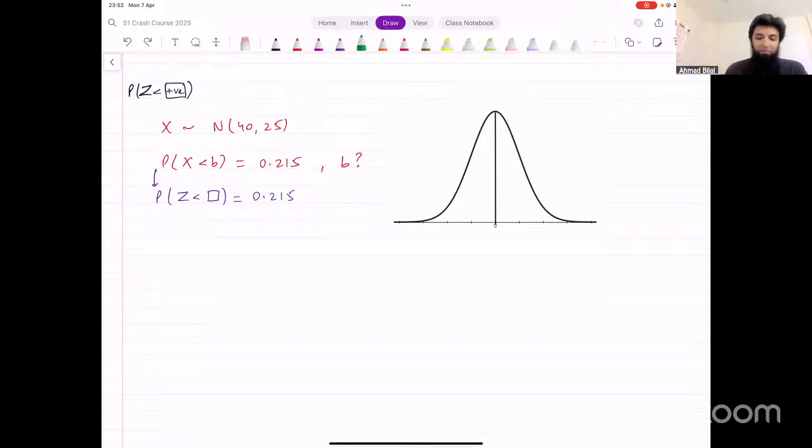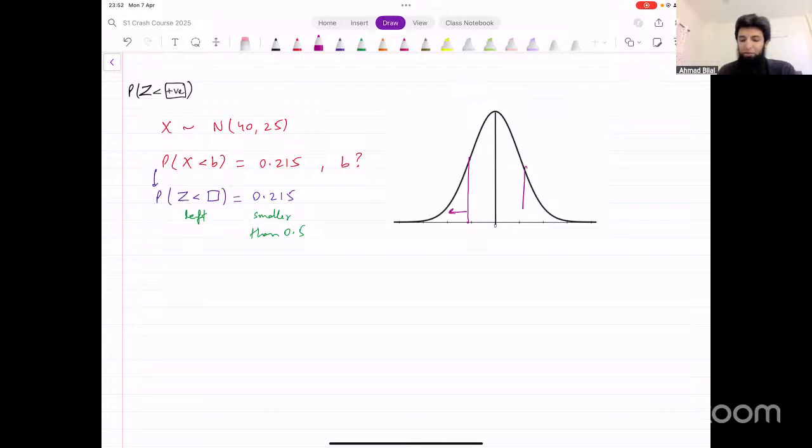Now, is z positive or negative? That's the first thing you have to figure out. We're looking at the left side. On the left side, the area is smaller than 0.5. Where do we place z? Do we place z on the positive side or on the negative side? If it's on the negative side, the area on the left side would be smaller.